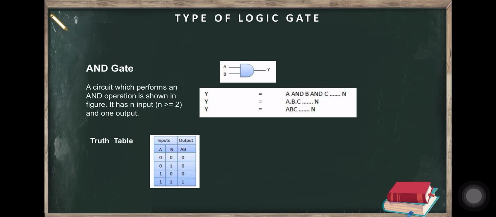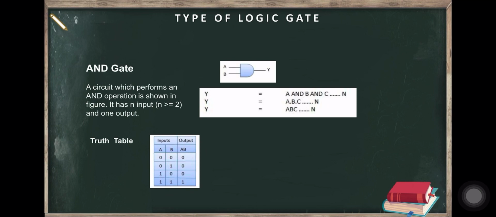The inputs are multiplied, as shown in the equation: Y equals A times B times C.